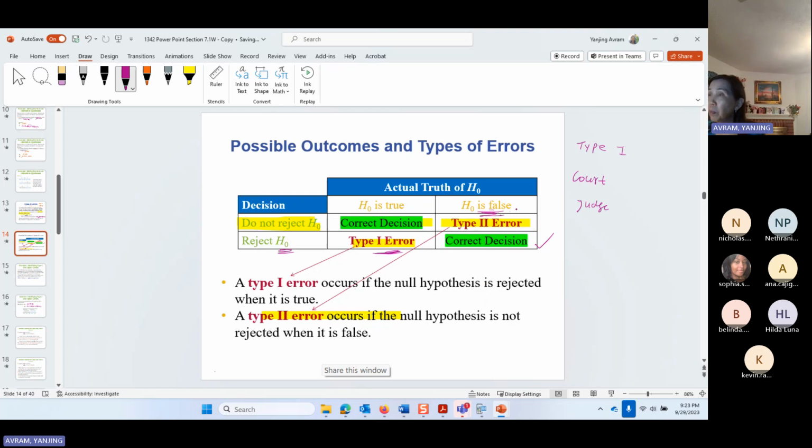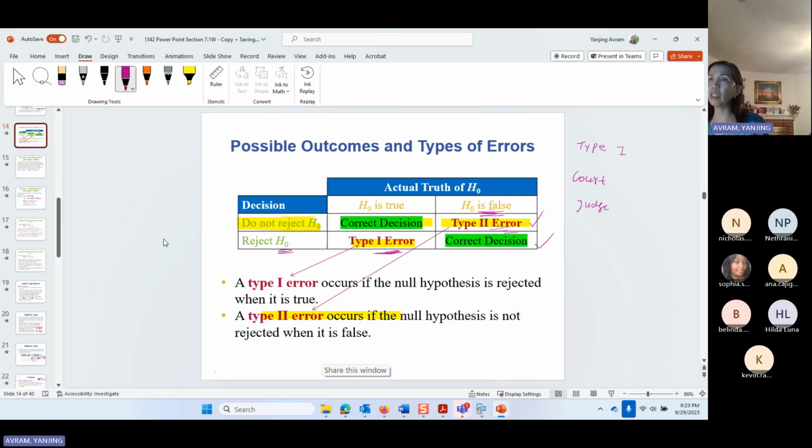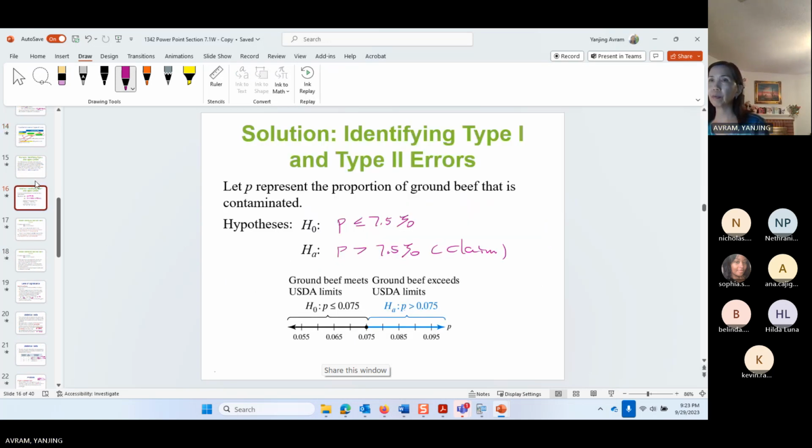But when the person is guilty and the judge does not reject them, the judge says you can go home, that is another type of error, called a type 2 error. So you can go through these two types of error with the court system, and it makes a good comparison that way.